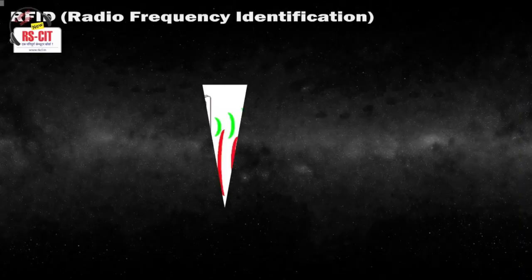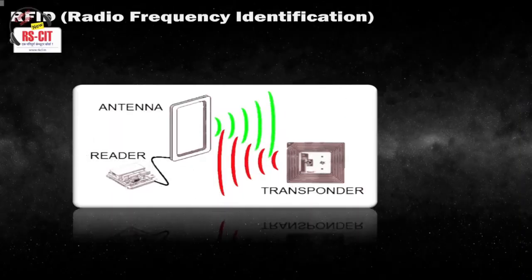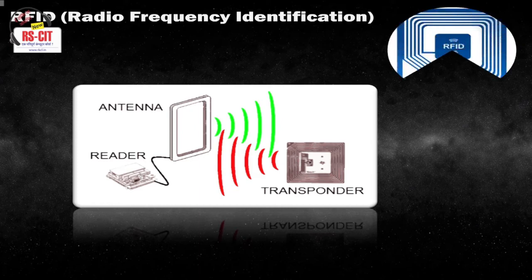RFID, Radio Frequency Identification. Radio Frequency Identification, that is RFID, is the wireless use of electromagnetic fields to transfer data for the purpose of automatically identifying and tracking tags attached to objects. The tags contain electronically stored information. Some tags are powered by electromagnetic induction from magnetic fields produced near the reader.